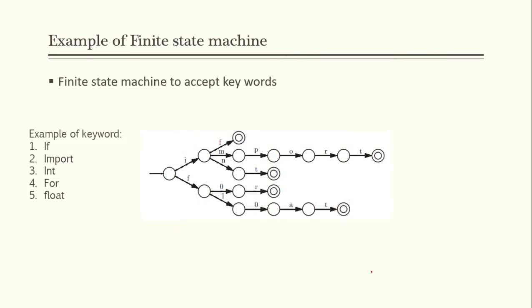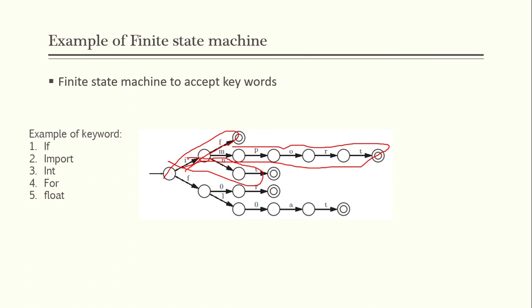Okay, this is another example of a finite state machine, to accept keywords. We know that programming languages have lots of keywords. So this machine can accept the keyword if. The first one here is if. It can also accept import, and also integer, and so on.